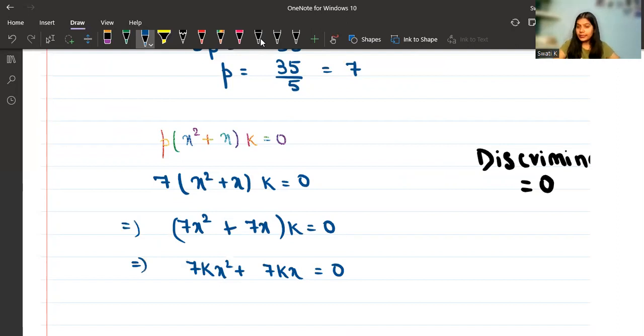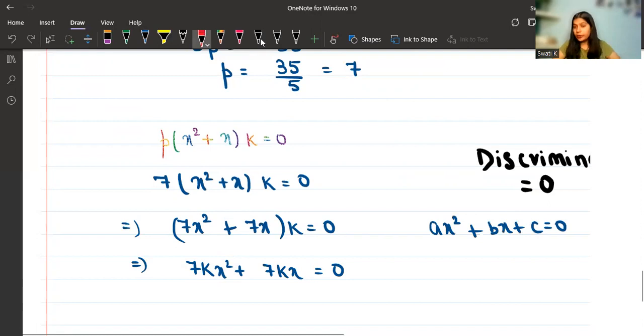Now, as I said, whenever we have this condition that discriminant equals 0, let me tell you that if this is the standard form of a quadratic equation, ax square plus bx plus c equals 0, and it has equal roots, that means its discriminant is equal to 0, right? Now, what is discriminant?